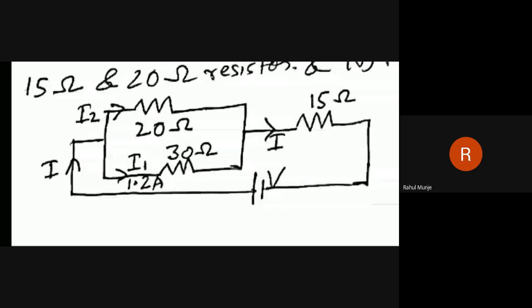That means I1 is given, R is 30 given. So 1.2 into 30 is our voltage across the parallel circuit. So if we have voltage across these 2 points, same voltage is across the 20 ohm resistor. So if we have same voltage, current I2 can also be found out by putting the value of voltage V equals to IR.